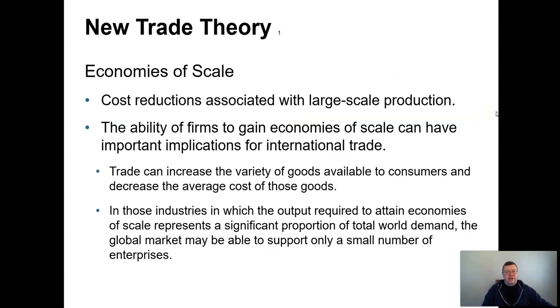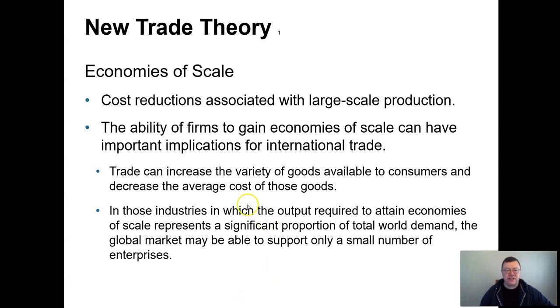Modern theories of trade focus on lots of things. If a country focuses on a single product or a single product category, it's able to gain economies of scale. And those economies of scale may allow the world to produce more and more goods and services.